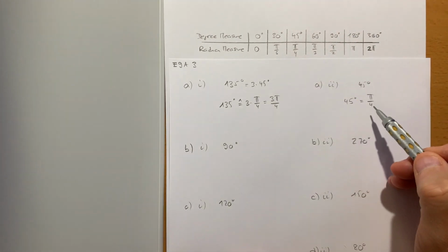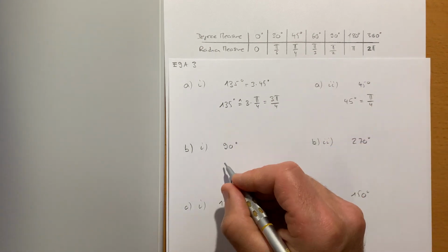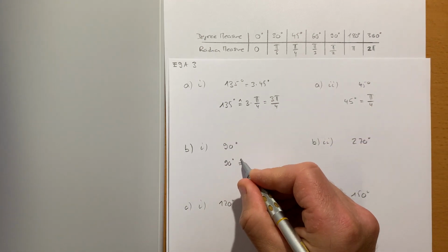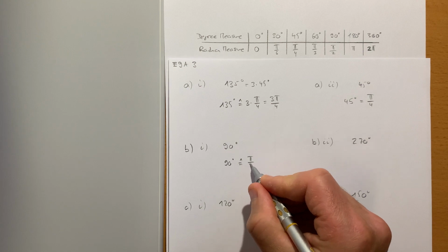Just take it out of that table. So 135 corresponds to 3 times pi quarters, which is 3 pi quarters. 90 degrees, well, that's a piece of cake. 90 degrees corresponds to pi halves in the radian measure.